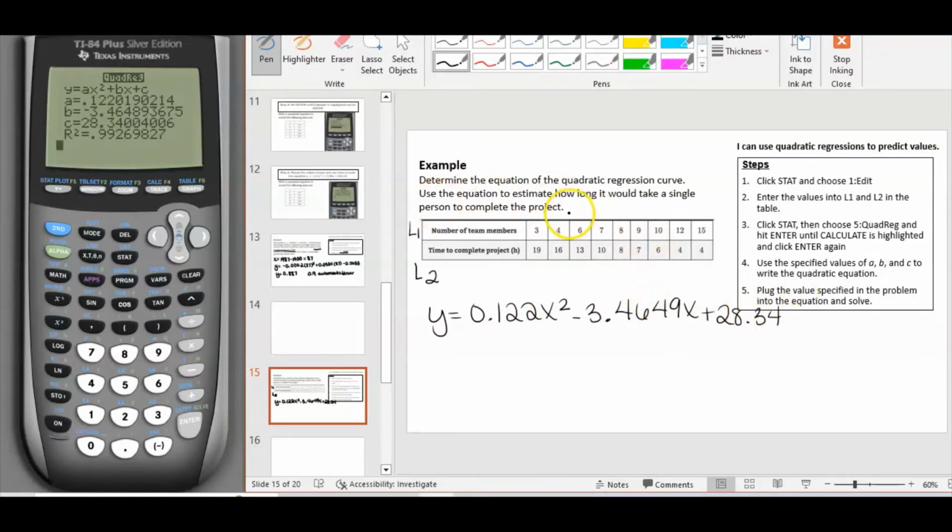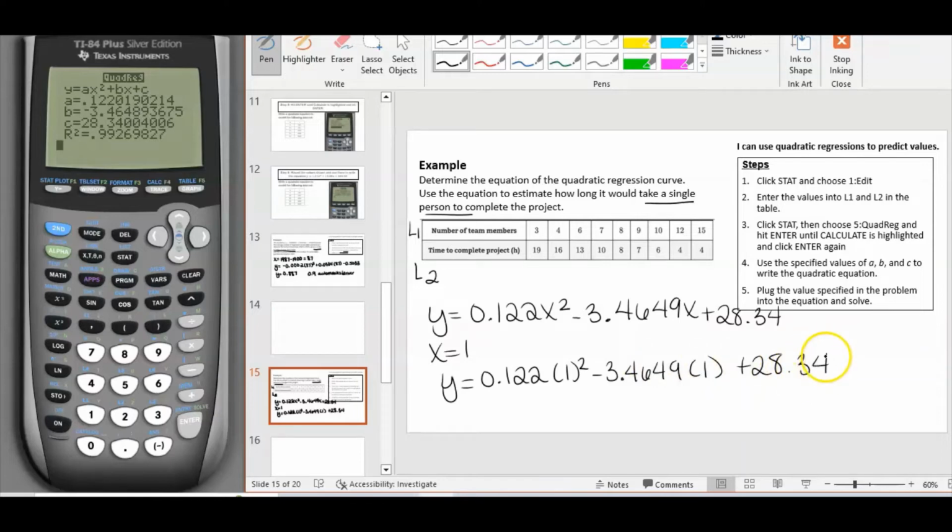Now it wants us to use it to estimate how long it would take a single person to complete the project. A single person means the number of team members is 1. So if we plug in x equals 1, we have y equals 0.122 times 1 squared, minus 3.4649 times 1, plus 28.34. I'm going to do all of this on my calculator.